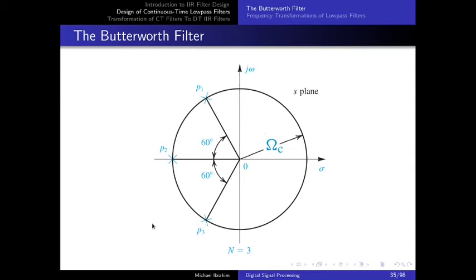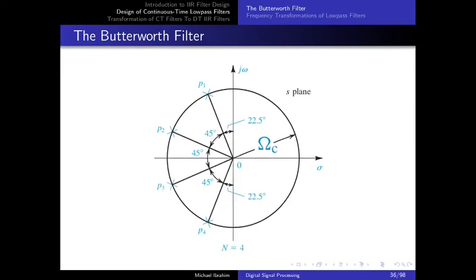So the general case is that for n even, we will not have any real valued poles, we'll only have complex conjugate poles. But for n odd, we will have only one real valued pole, and the remaining poles will be complex conjugates of each other.